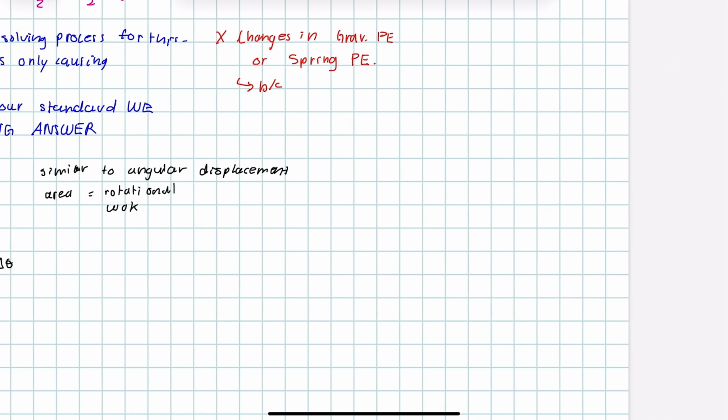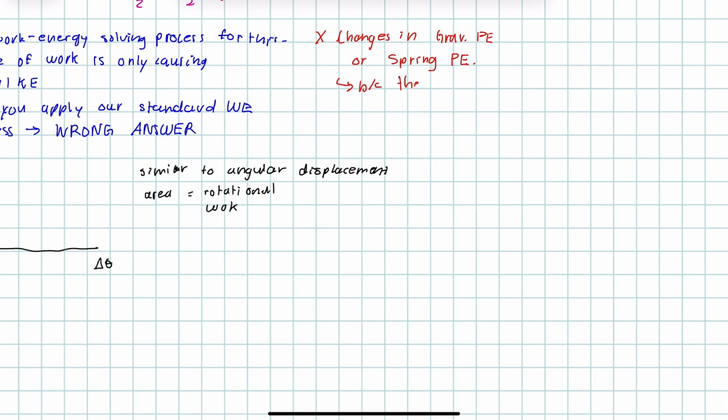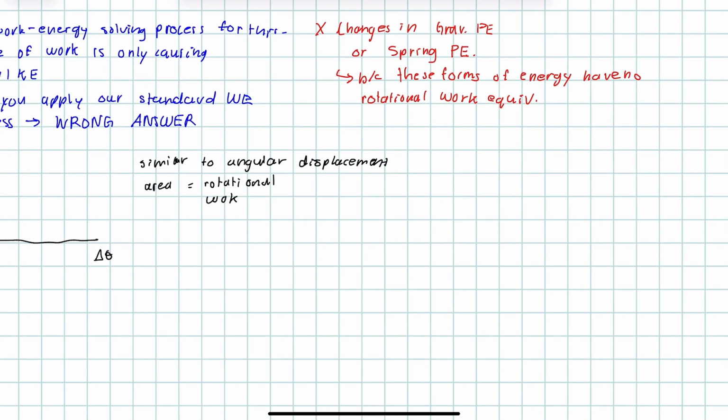Well, that's because these forms of energy have no rotational work equivalent. It just means that it's purely translational. And if you try to apply it outside the proper context, it'll lead to the incorrect result, because the derivations and physical meanings differ.